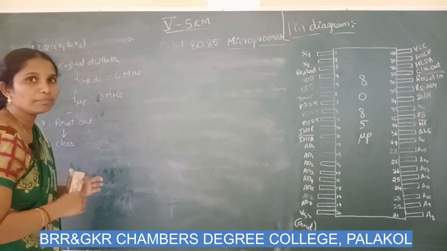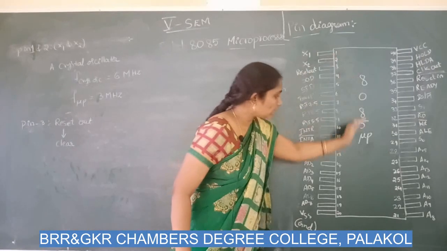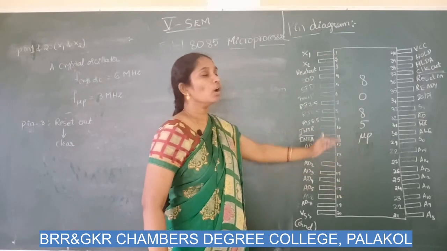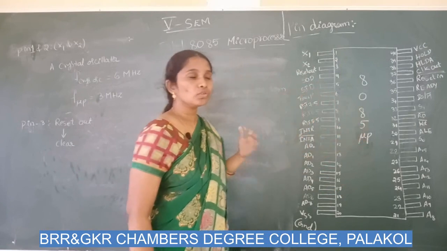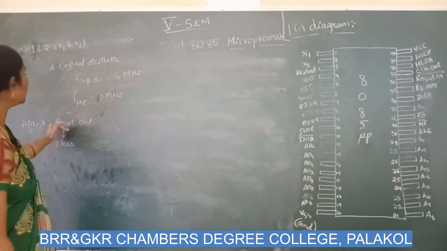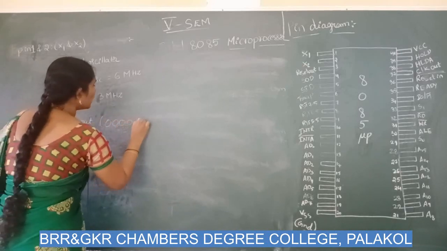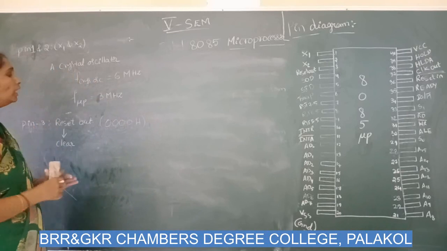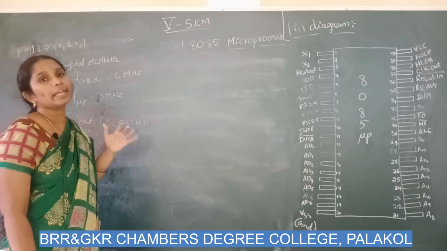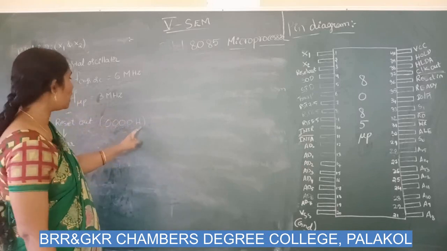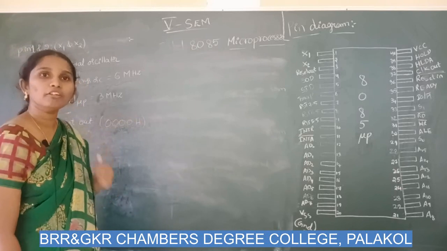So with reset out, the external devices or peripherals connected to this microprocessor are all reset, that is, to 0000H. A microprocessor understands only hexadecimal values, that's why I mention H; H denotes hexadecimal values.